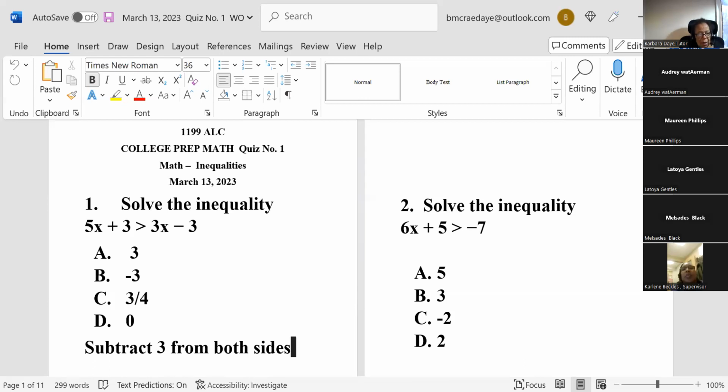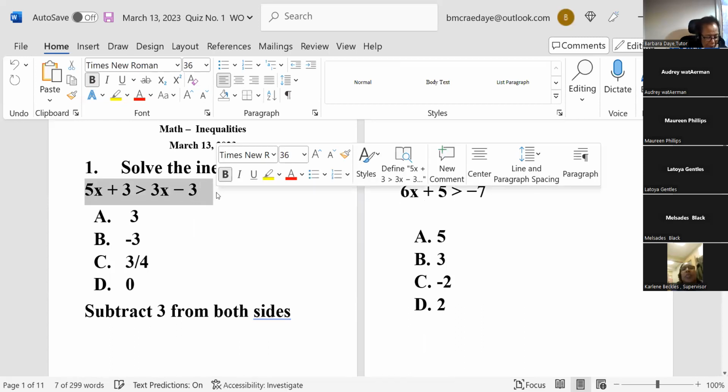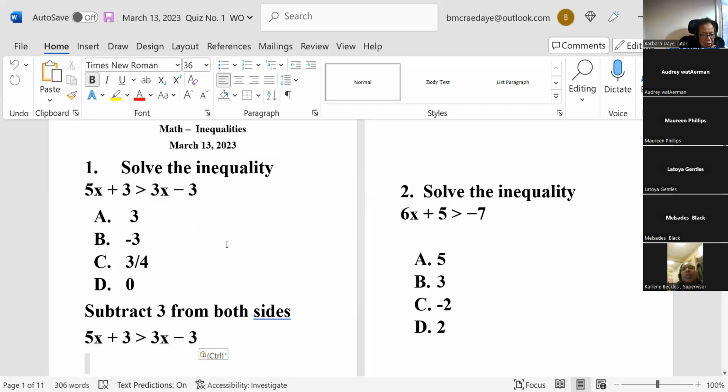And let's just copy this and put what we're subtracting. So -3 on the left. That's the subtraction, right? And on the right, -3, right?